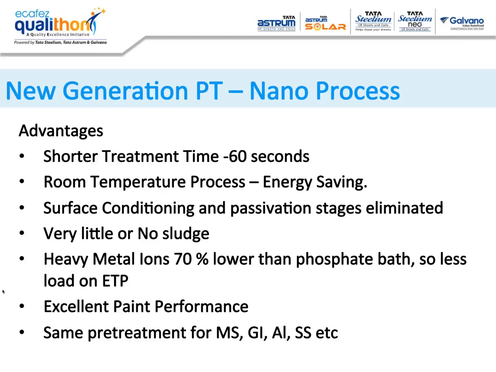Now this particular treatment is not like phosphate, which is crystalline. This is an amorphous coating, and being an amorphous coating, the layer is in nanometers. 1 mm, if you divide by 1000, is 1 micron, and 1 micron divided by 1000 is 1 nanometer.